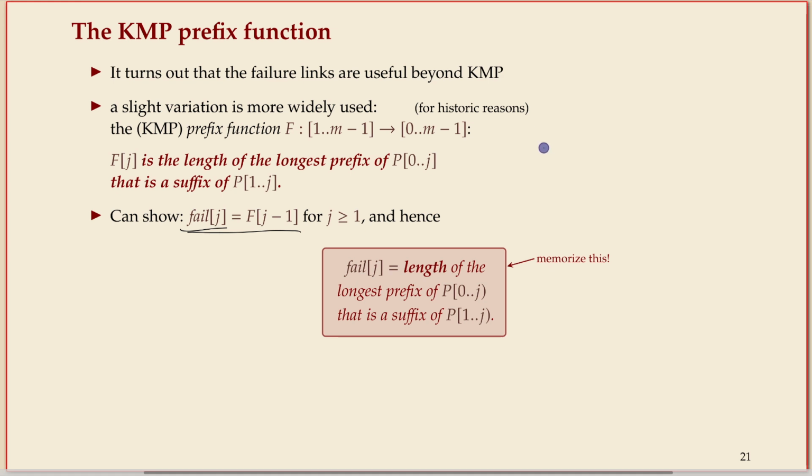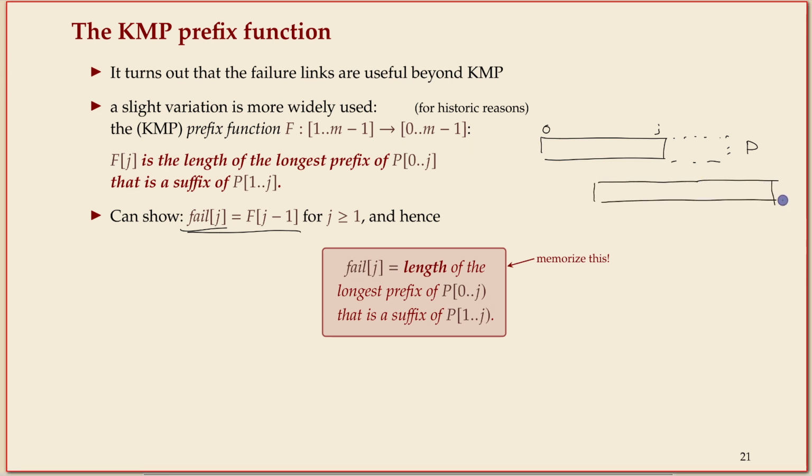So again, in pictures, here's our entire pattern. Here's position 0 up to j. So f of j is the length of the longest prefix. So we have some shifted version of this. That's p again, shifted.